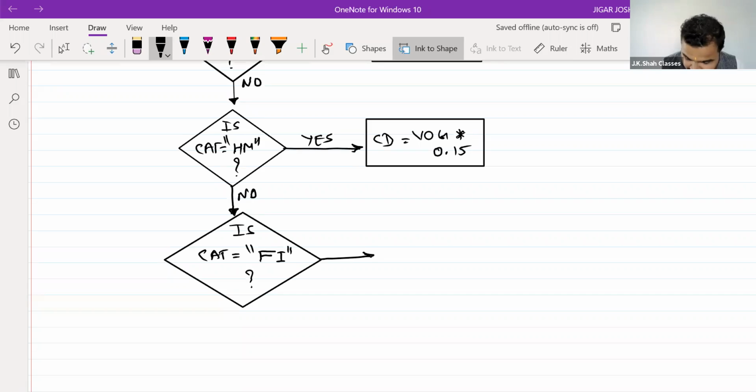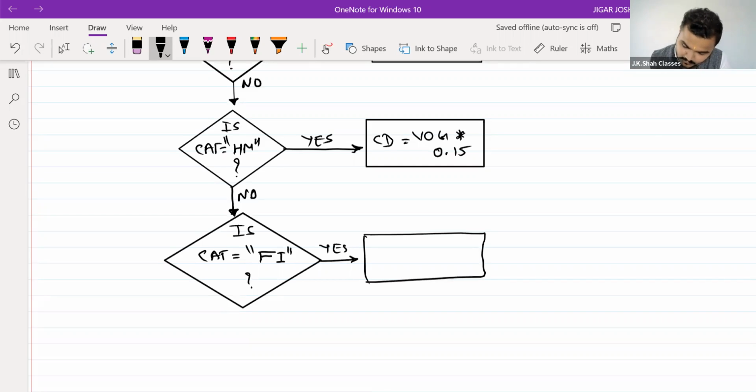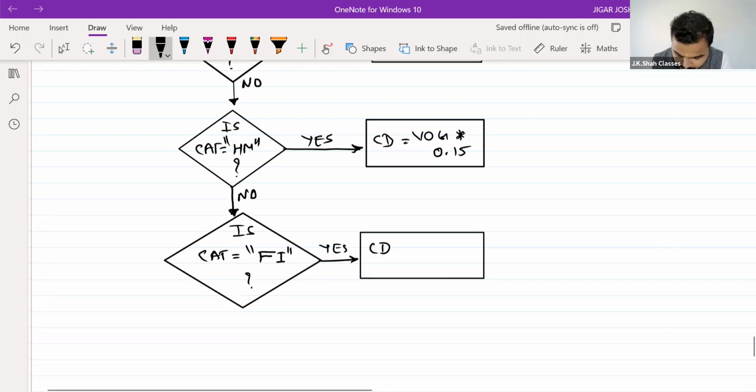If the answer is yes, then we'll calculate CD is equal to value of goods into 0.20.